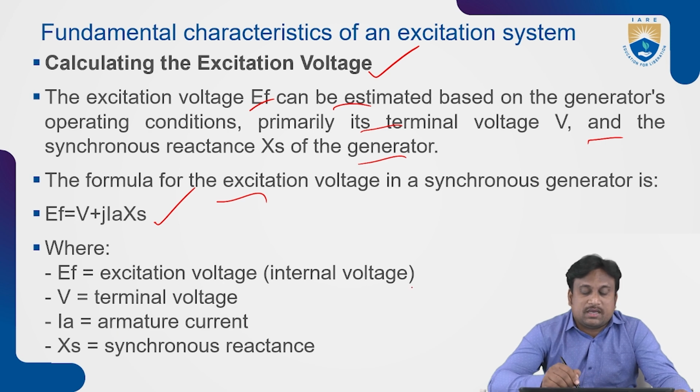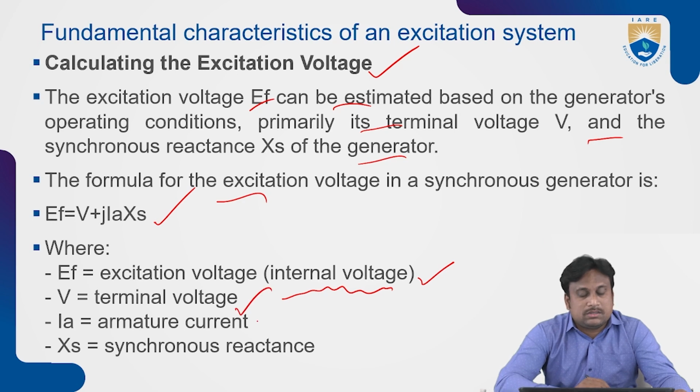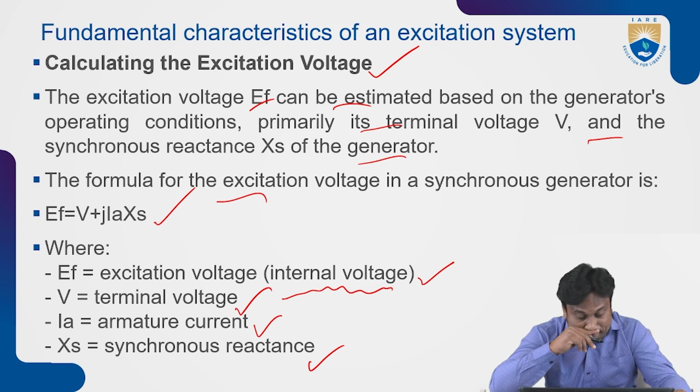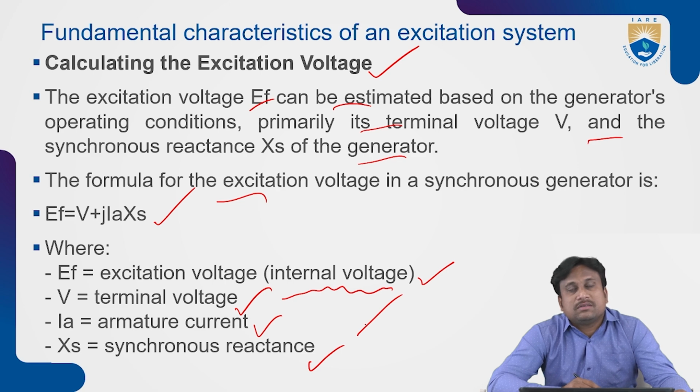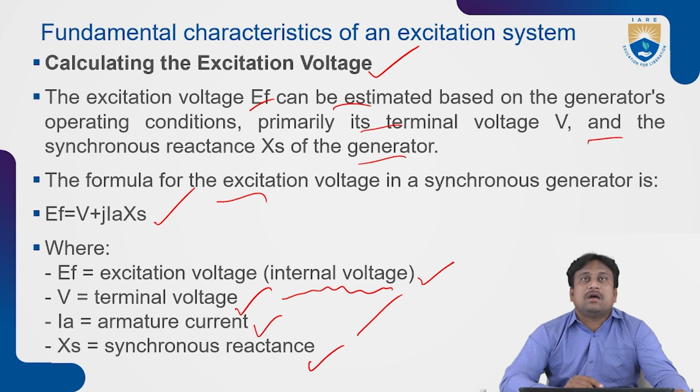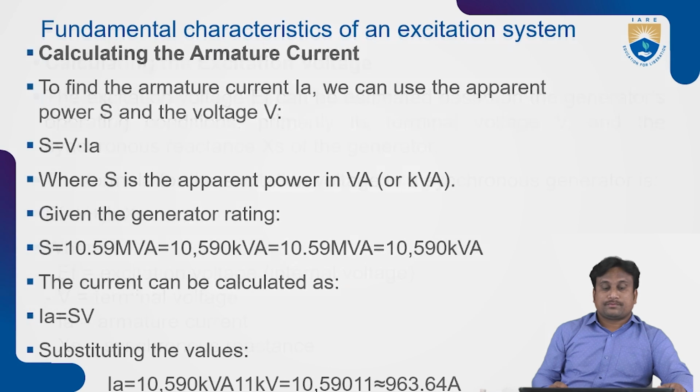Here EF is the excitation voltage, which is treated as the internal voltage, V is the terminal voltage, IA is the armature current, and XS is the synchronous reactance. These coefficients must be treated properly when we analyze the numerical case.